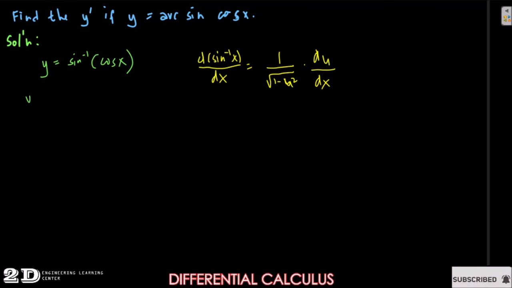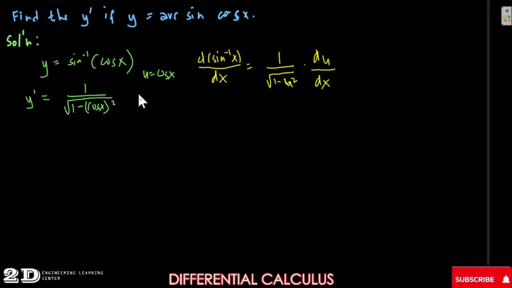Okay, so our y prime is equal to, so our u here is equal to cosine x. So we have 1 over the square root of 1 minus cosine x squared.